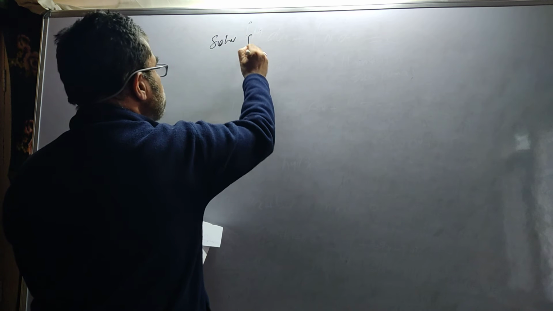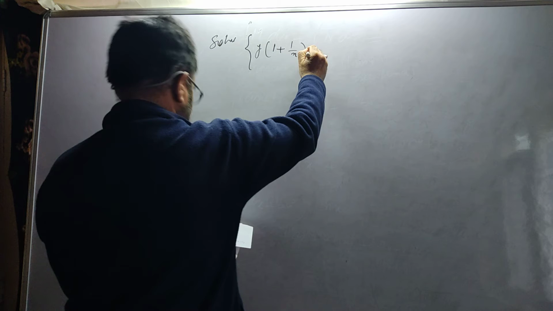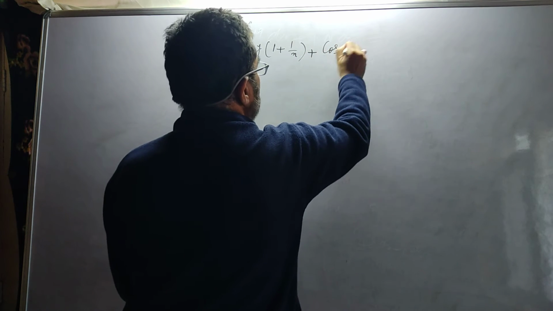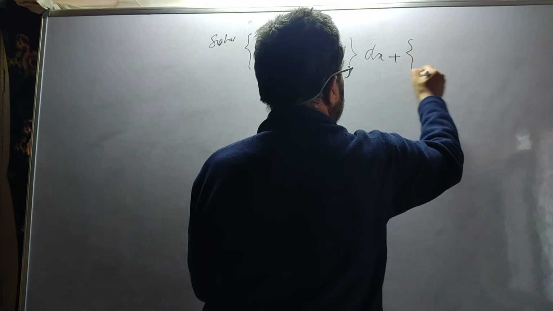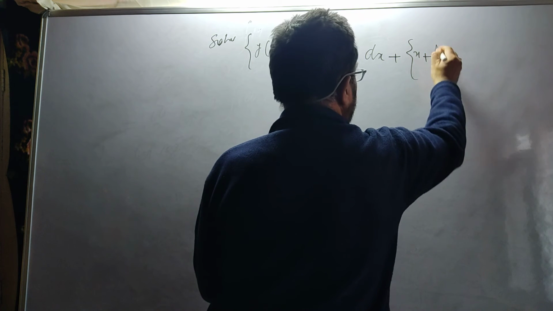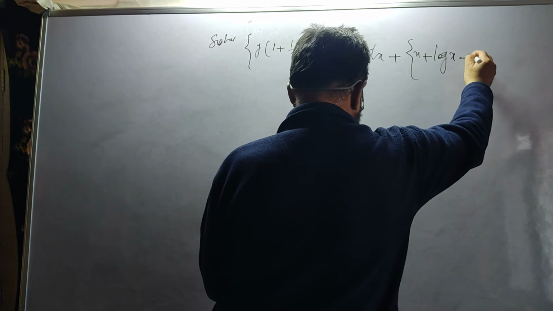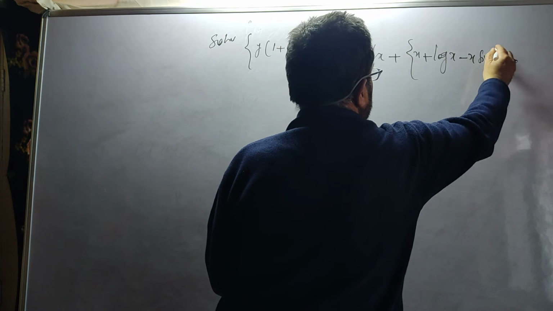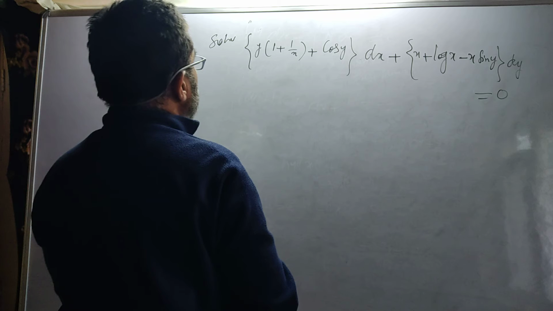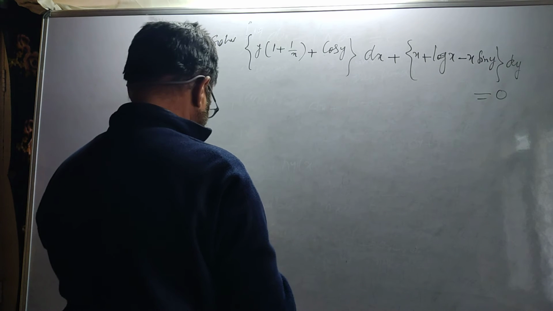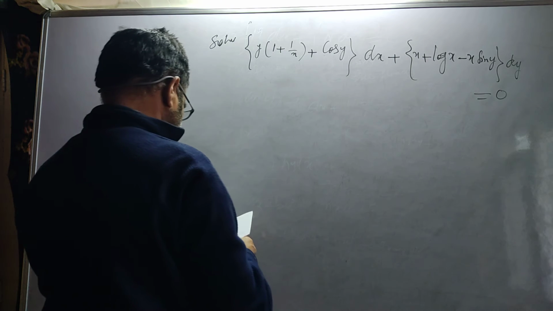the differential equation y (1 plus 1 by x) plus cos y dx plus (x plus log x minus x sin y) dy is equal to 0.